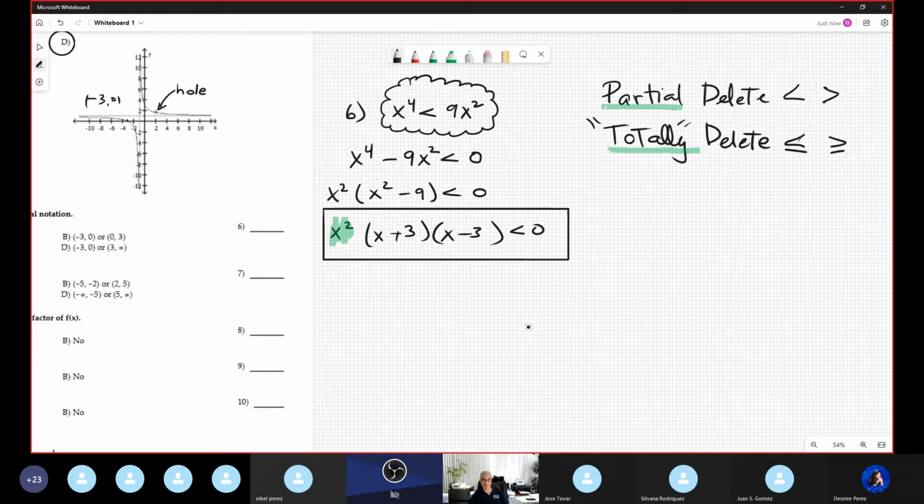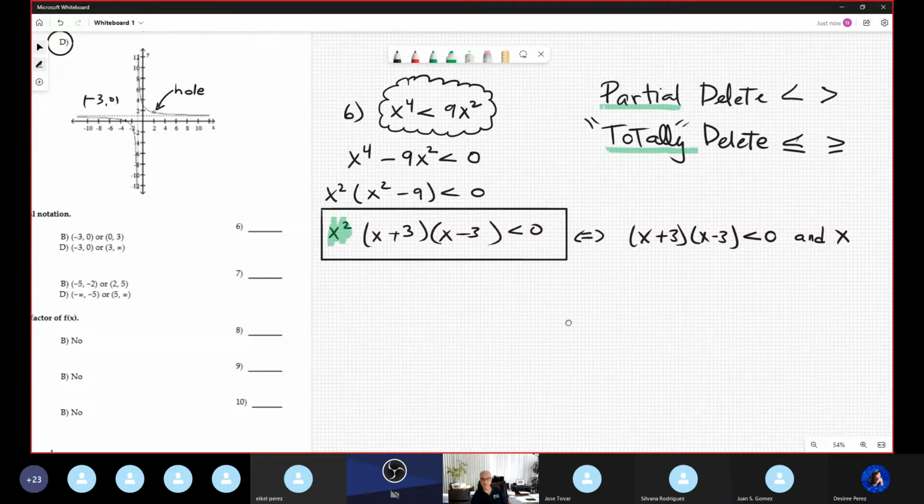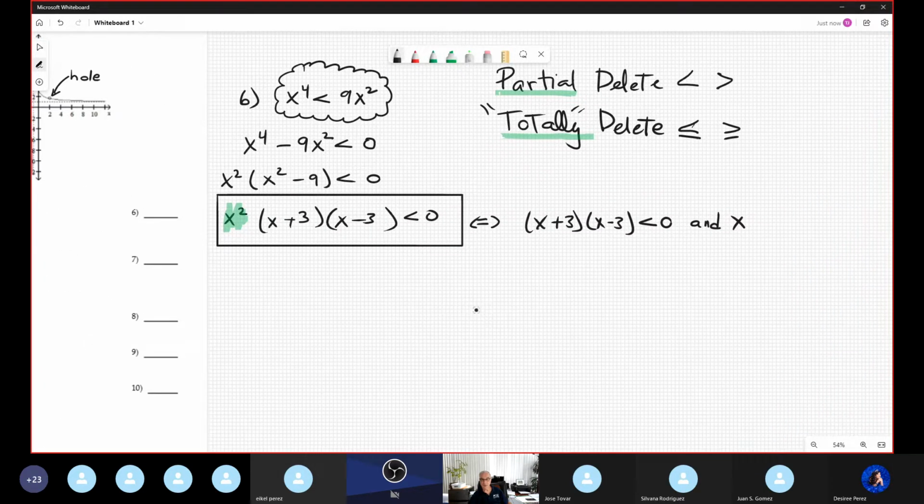But this expression is equivalent 100% to this: x plus 3 times x minus 3 less than 0, and x is not 0, because at 0 we have a hole.